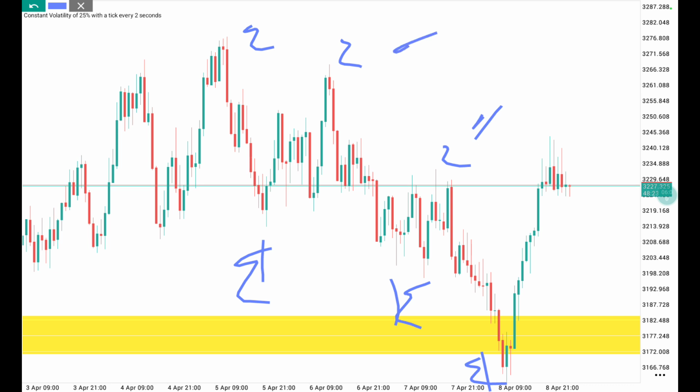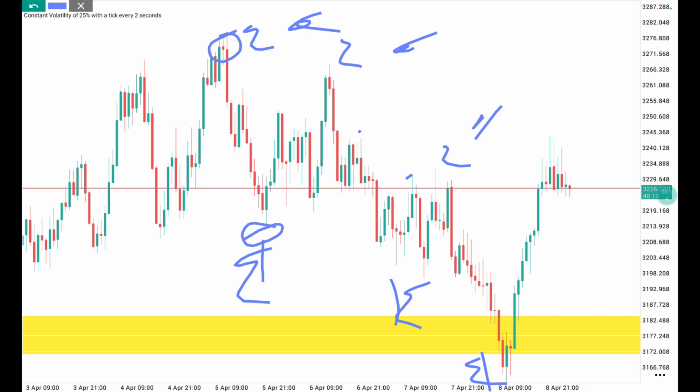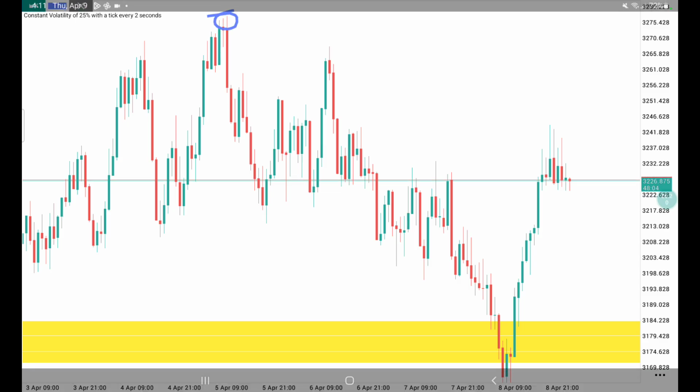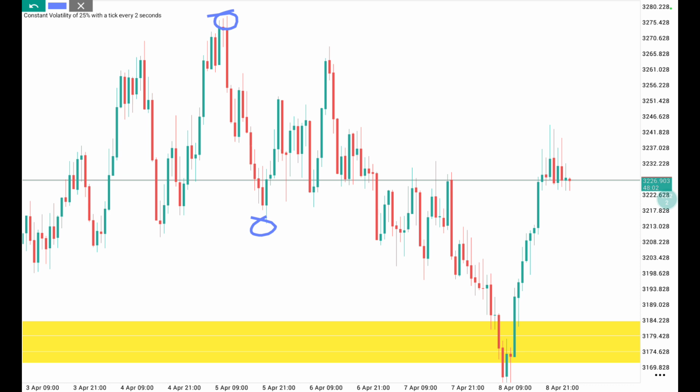Everything in between is internal. You see it like from here to here is one swing move. From here to here is one swing move. And from here to here is one swing move.